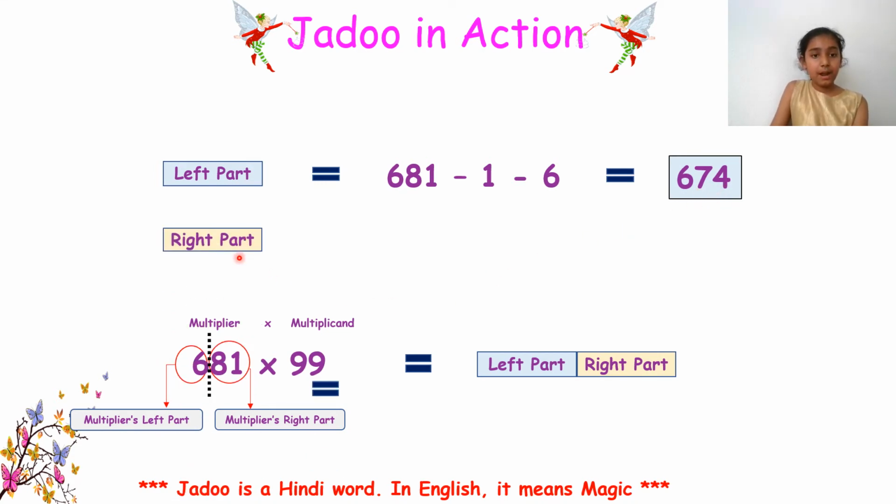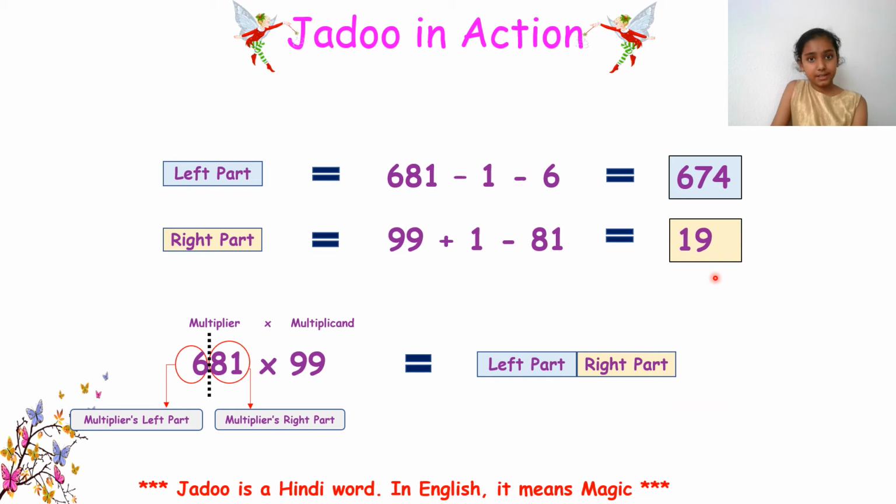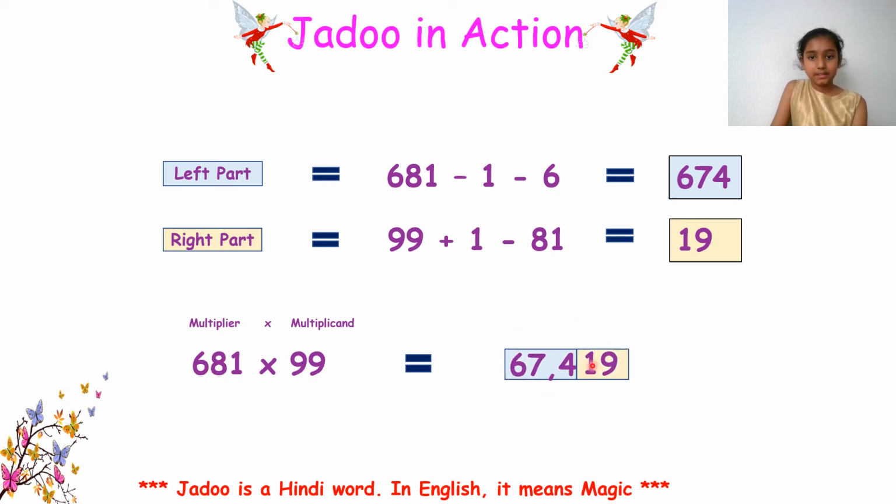Now, right part means multiplicand plus 1 minus multiplier right part. So 99 plus 1 is 100. 100 minus 81 is 19. Now just replace left and right parts with value, like this. The answer is done. As said, done in one line.